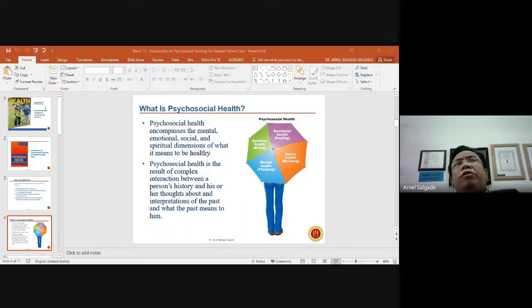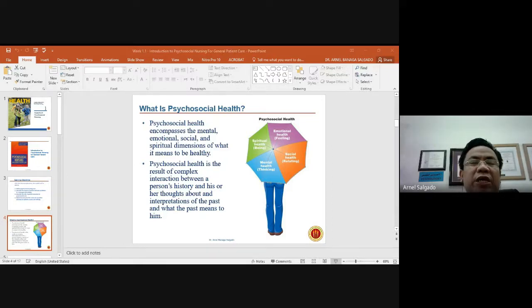It's okay also as a normal being to feel guilty, but of course, it will not interfere. This feeling of hate, this feeling of guilt would not interfere with our daily function. We are able to cast them away, we are able to curb them, we are able to forget them. That is the real experience that we have if we are psychosocially healthy.